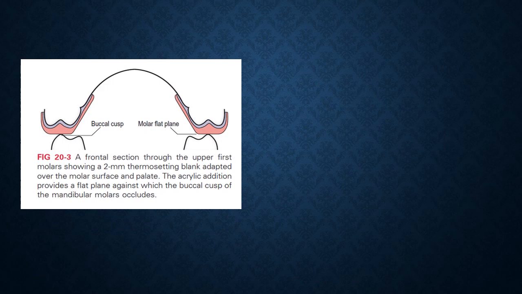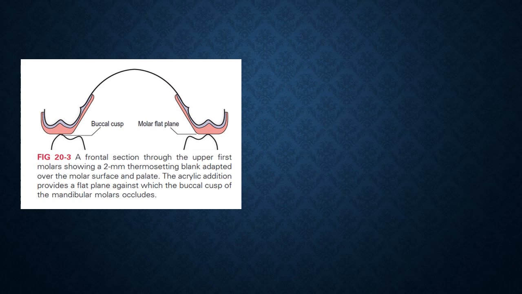Well, how to make the Michigan stabilizing splint? First of all, a thermosetting clear blank material is to be pressed upon the stone cast by means of a Biostar vacuum machine, and the thickness of this material will be 2 millimeters, adapted over the molar surfaces and the palate, as you can see in this frontal section.